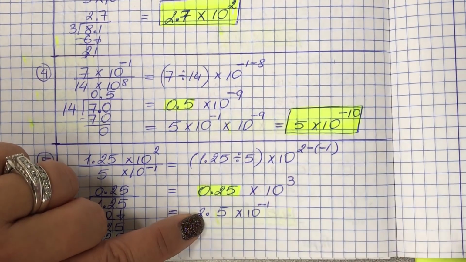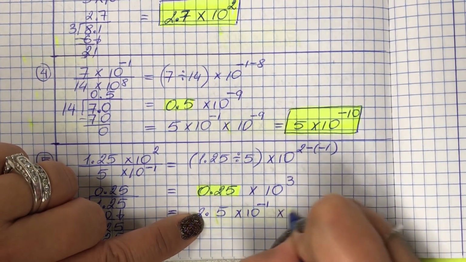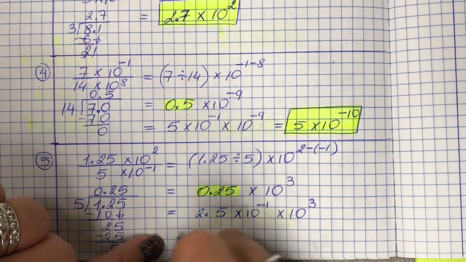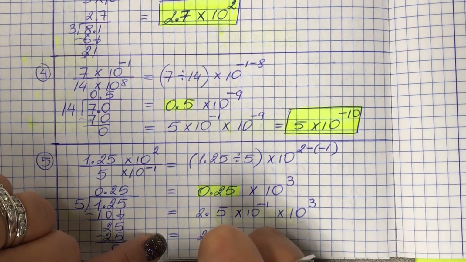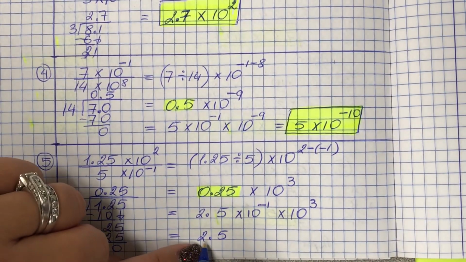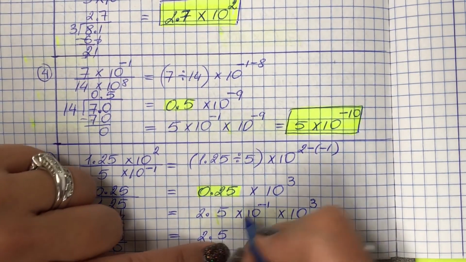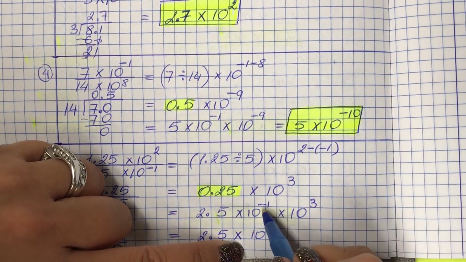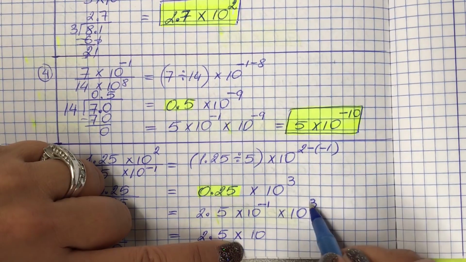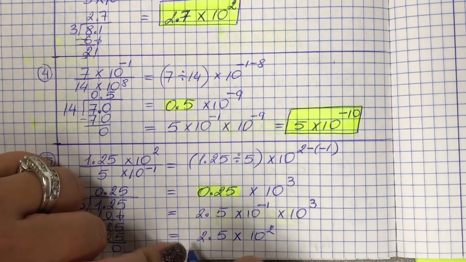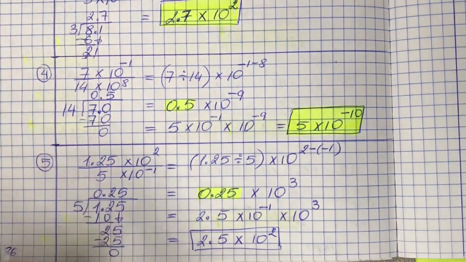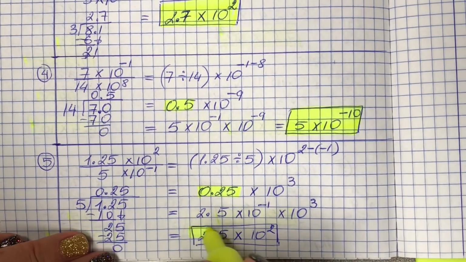That's 10 to the negative first, and then bring down the 10 to the third from the previous line, where 2.5 now is in proper form. It's a one digit between 1 and 9. Keep the base 10 and add the exponents. Negative 1 plus 3 is 2. That answer now is in proper scientific notation.